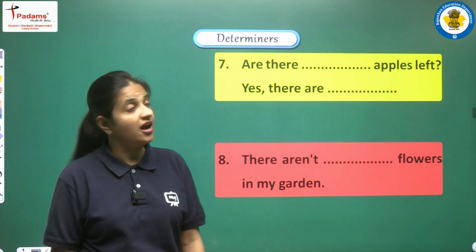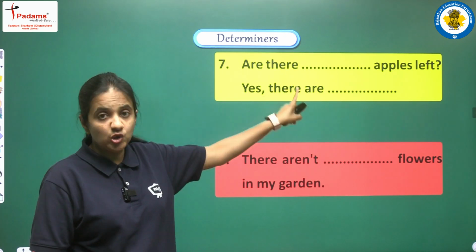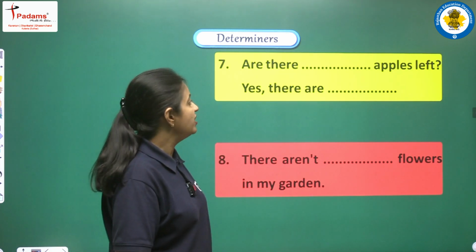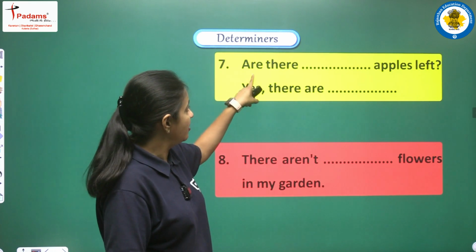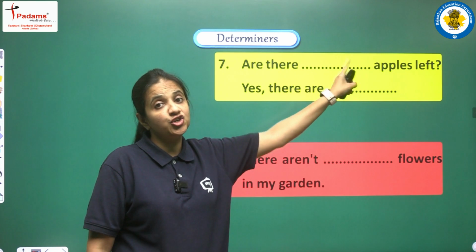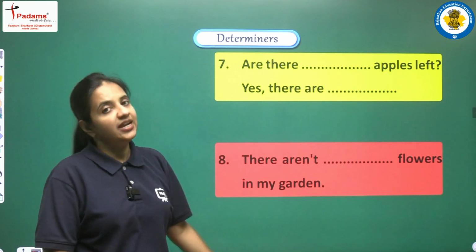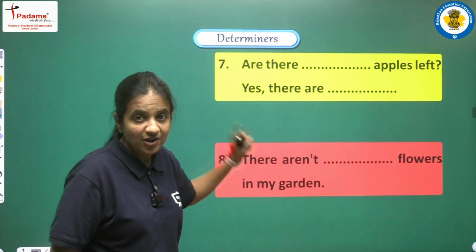Moving on, next we are having, are there apples left? Yes, there are. So now we are having two sentences, right? We are having two blanks. So let's see how we have to fill the blanks. Let's take the first one. So in this sentence, we are having, are there apples left? We are having one question mark at the end of the sentence. It means we are having interrogative sentence.